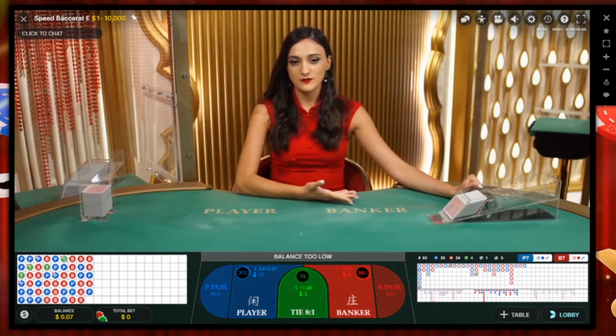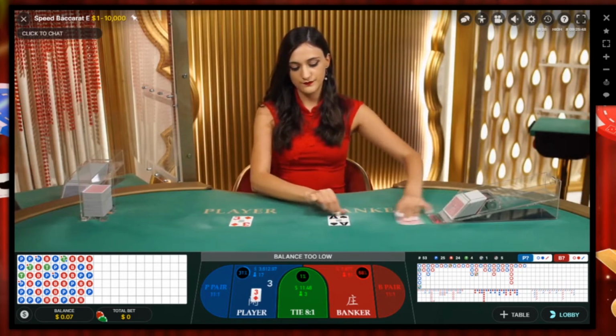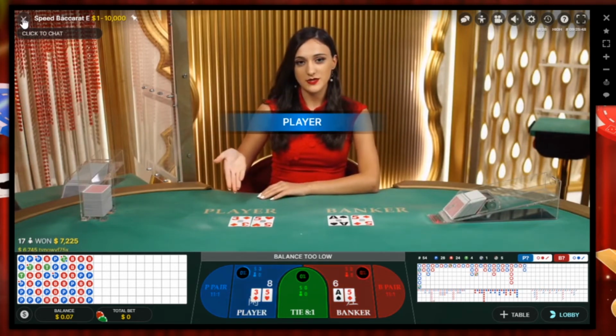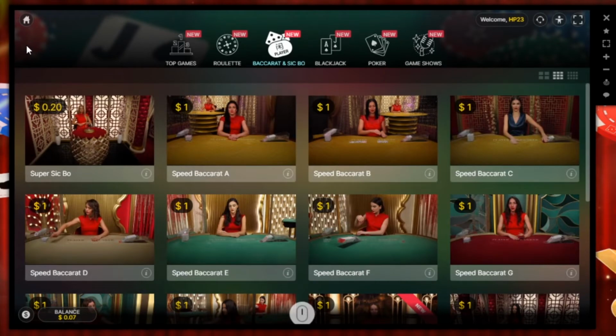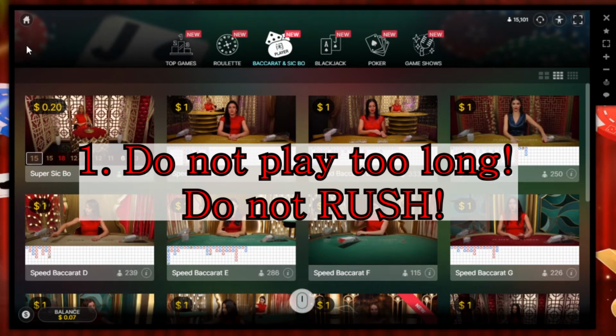But no matter what I tell you, how simple this strategy is, you will always have a chance to lose. So here are some lookout points that you need to be very, very careful of. Number 1, do not play too long and do not rush.